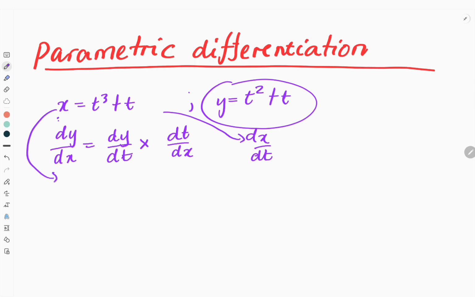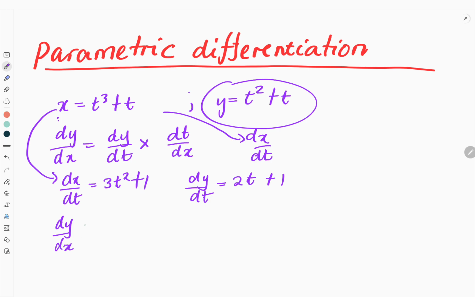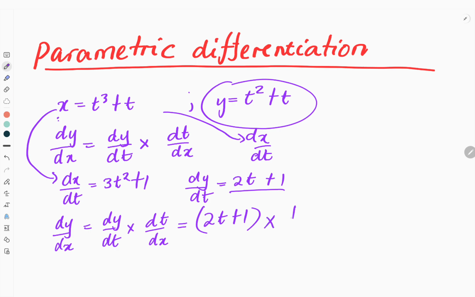So to finish off this, dx/dt is equal to 3t squared plus 1, and dy/dt will be equal to 2t plus 1. Therefore, dy/dx will be equal to dy/dt multiplied by dt/dx, which is 2t plus 1 multiplied by 1 over, because the dt/dx is the inverse of this.